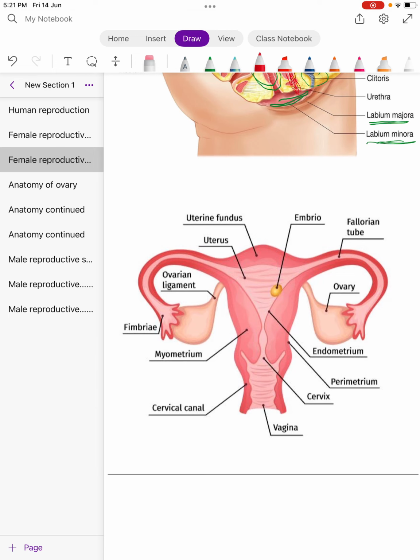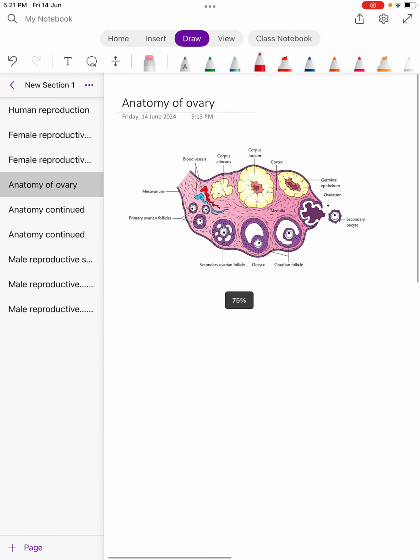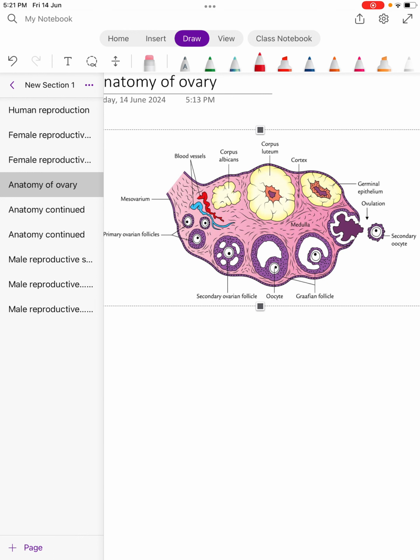Before discussing these organs, first of all we discuss the ovaries, which are very important. The anatomy of the ovary is very important. The ovaries are solid organs, made up of connective tissue. The connective tissue layer is known as stroma. Further, it is wrapped by a layer of cuboidal cells called germinal epithelium.